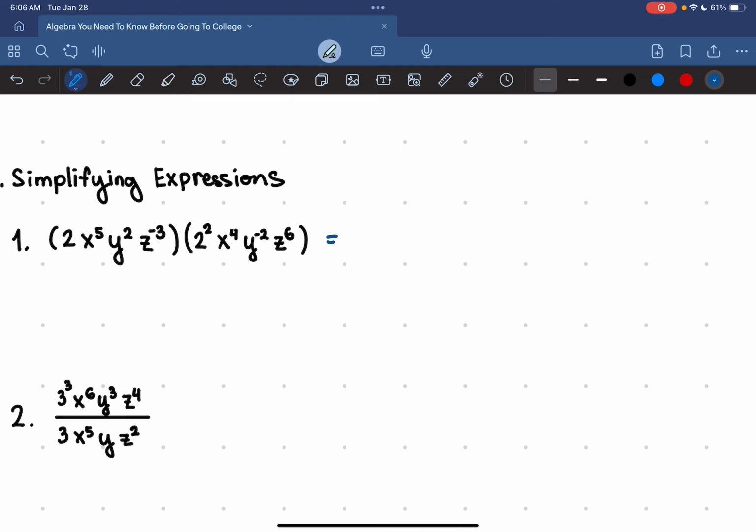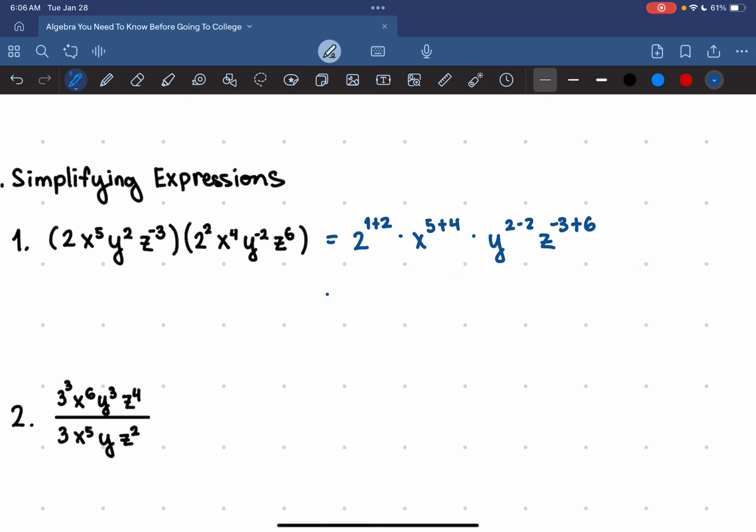This will be equal to 2 raised to 1 plus 2, times x raised to 5 plus 4, times y raised to 2 plus negative 2, or just simply 2 minus 2, and then z raised to negative 3 plus 6.